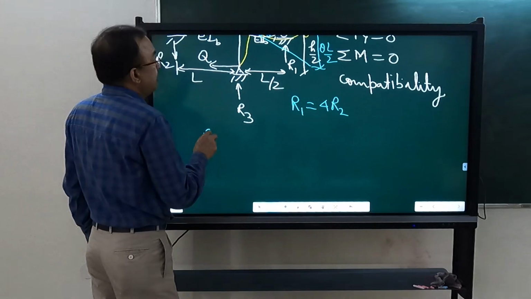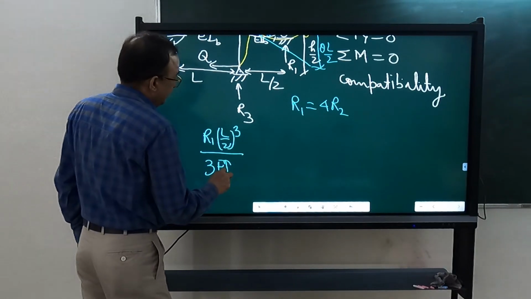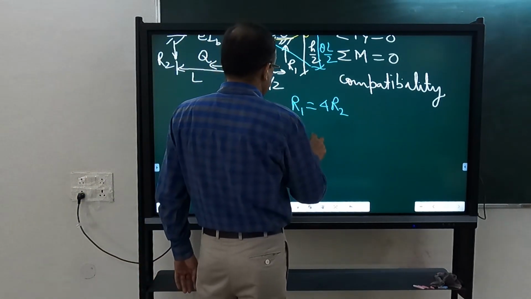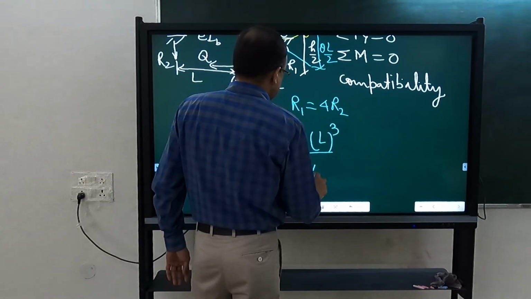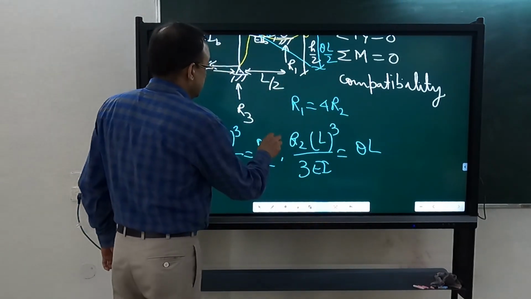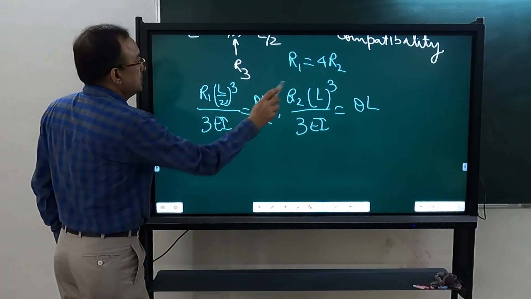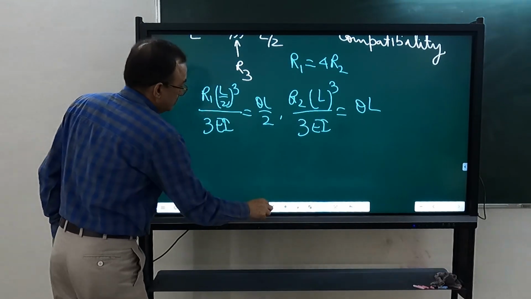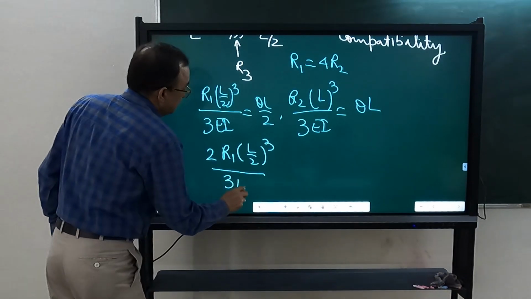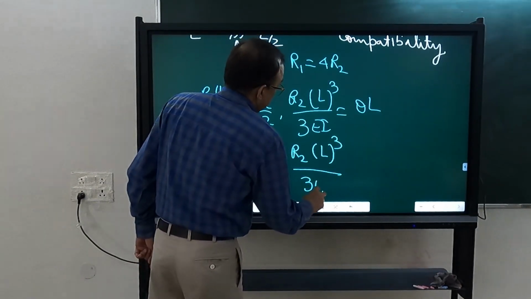R1 into L by 2 whole cube over 3EI is equal to theta L by 2, and R2 into L cube over 3EI is equal to theta L. If you just double it, this is theta L by 2, that is theta L. So 2 times R1 L by 2 whole cube over 3EI is equal to R2 L cube over 3EI. Agreed?